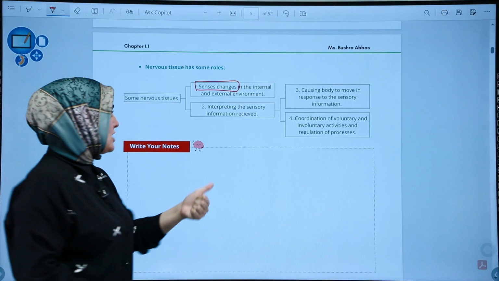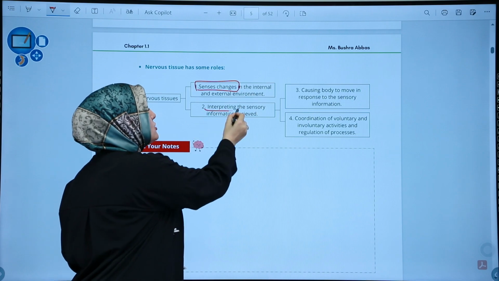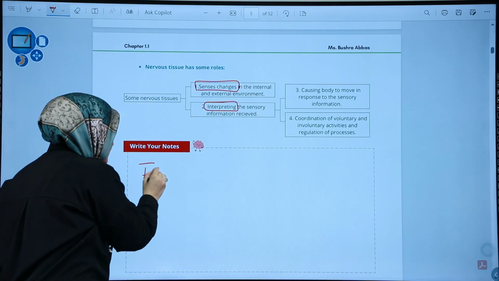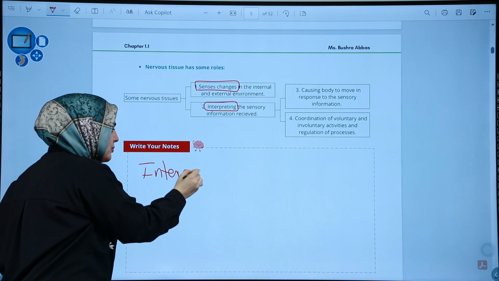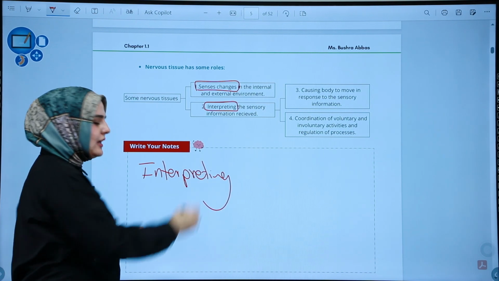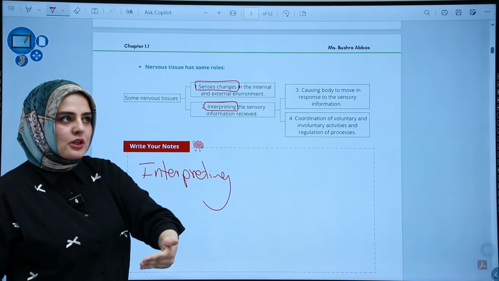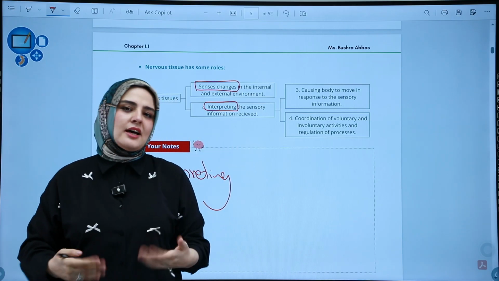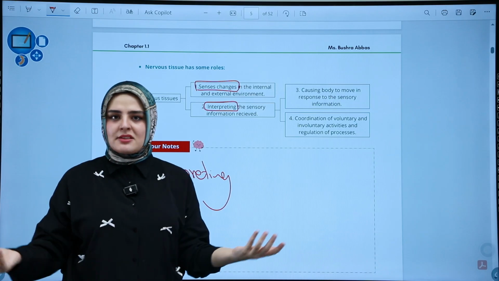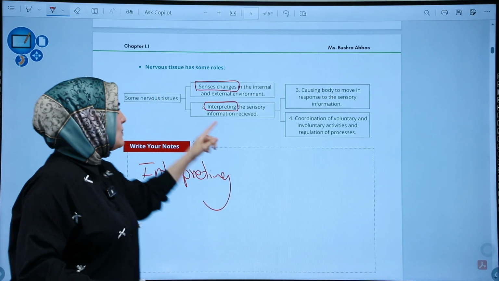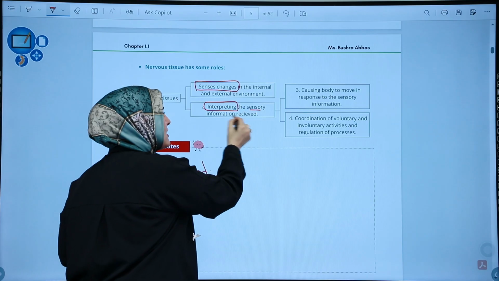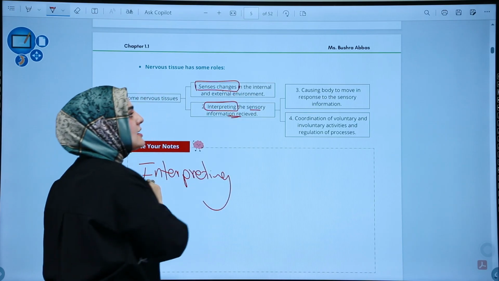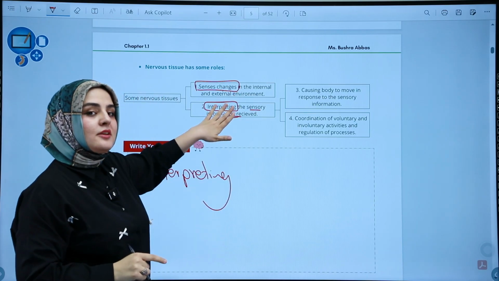So sensing change, and then interpreting. Interpreting means processing information. Yeah, I got the information, but if the brain doesn't know how to decipher it and decode it, then it has no use for me. So interpreting this information is also very important. It's the brain doing it.